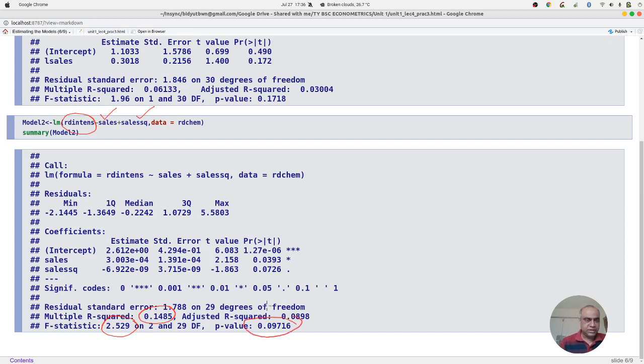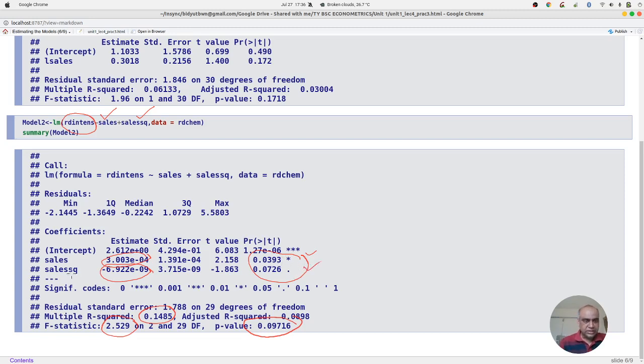Sales is positive and sales square is negative, and interestingly both are statistically significant, one at the 5% level, another at the 10% level of significance.